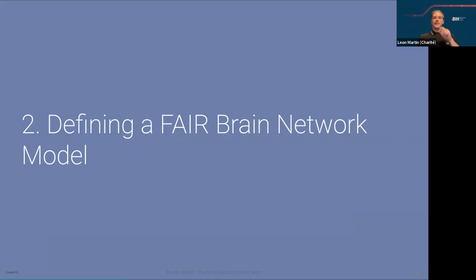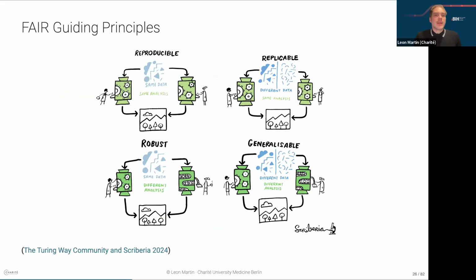So how do we define this now? Maybe to put everybody on the same page, what are the FAIR guiding principles? We try to have findable, accessible, interoperable, reproducible methods and data.